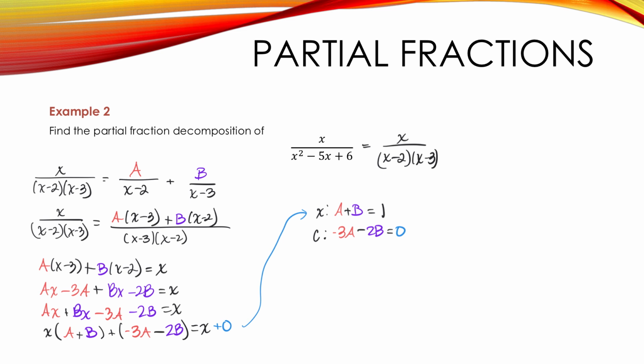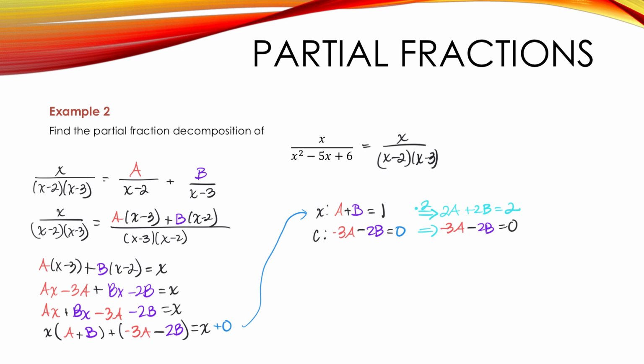So from here, if we wanted to eliminate, say, b, we could multiply the first equation by 2 and leave the second equation alone. We'd end up with 2a plus 2b equals 2, and we'll leave our negative 3a minus 2b equals 0.